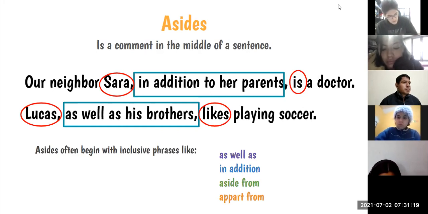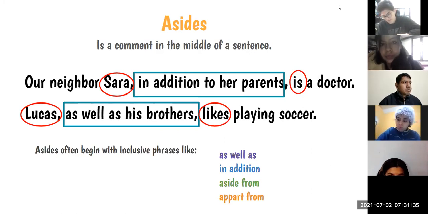Any other? What else did we learn? Countable and uncountable nouns. How can we use the verbs with countable and uncountable nouns? Countable nouns with singular and plural forms. Very good.